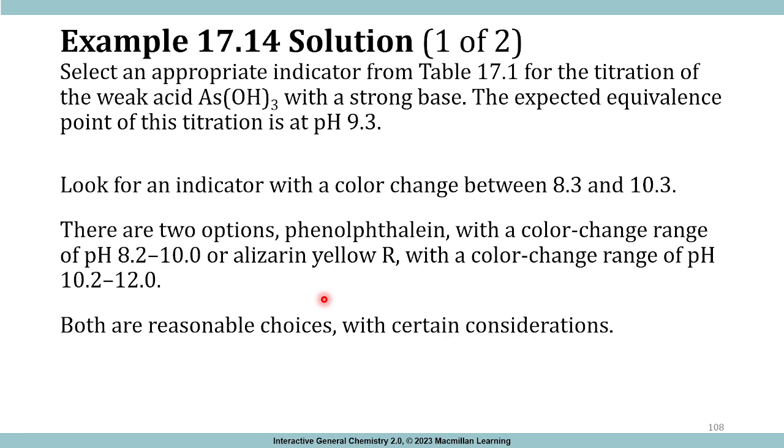Now, when do you actually want to stop, by the way, for these? So if you're using phenolphthalein, when do you actually want to stop your titration and go, oh, that's the equivalence point? Do you want it to be super dark pink? Or do you want it to be super light pink? Typically you want it to be light, but that's because you would have an endpoint here that's up in the 8s.